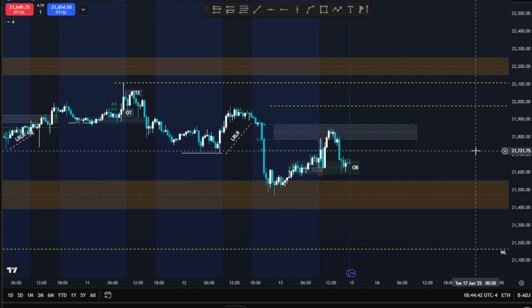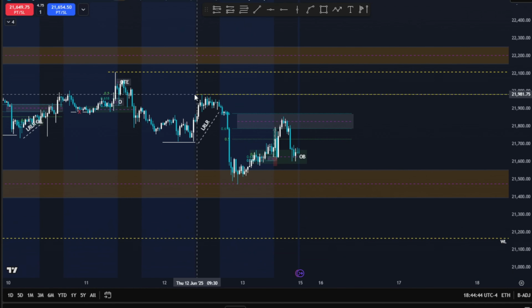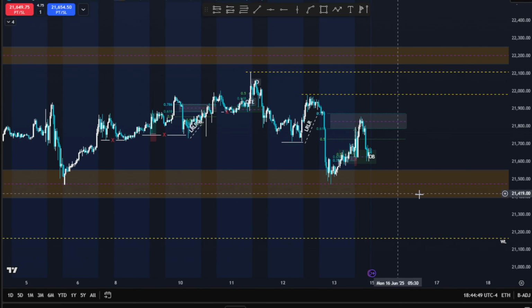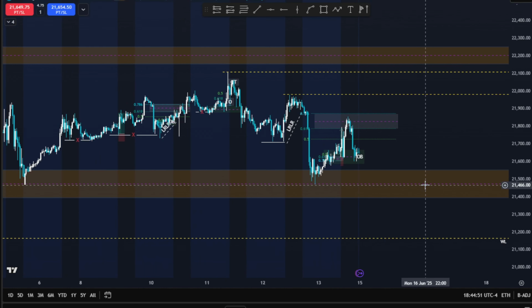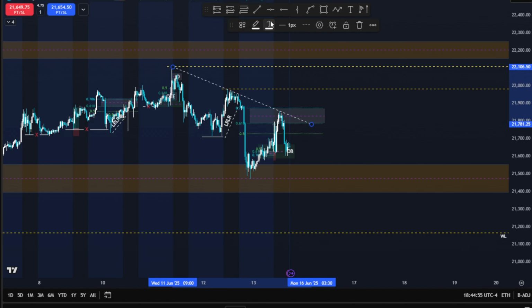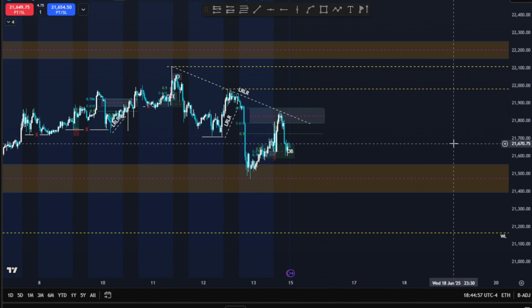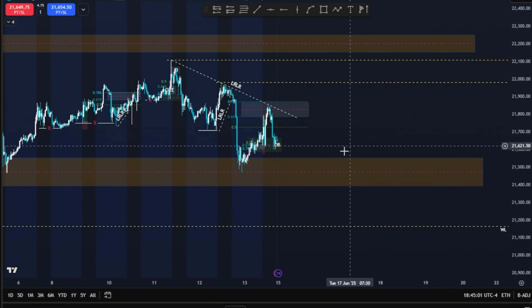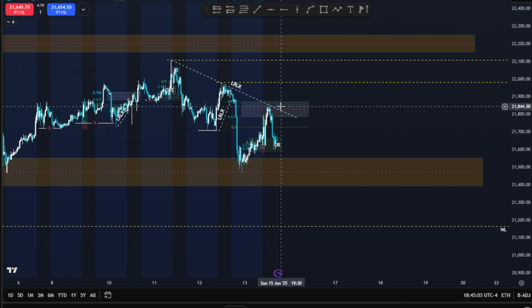So going into next week, what I'm expecting is, if this significant low level continues being supported, I expect all these generated relative equal highs and lower resistance to become liquidity zones that I want to target.